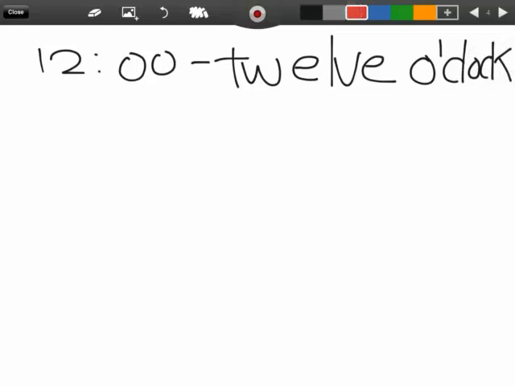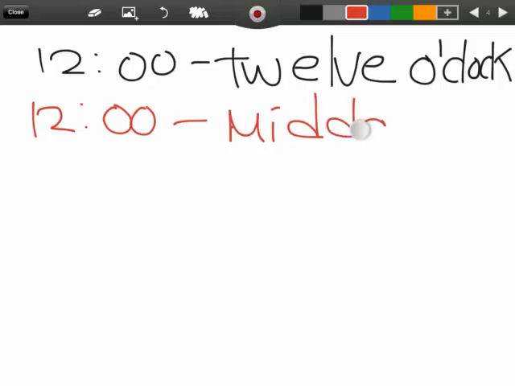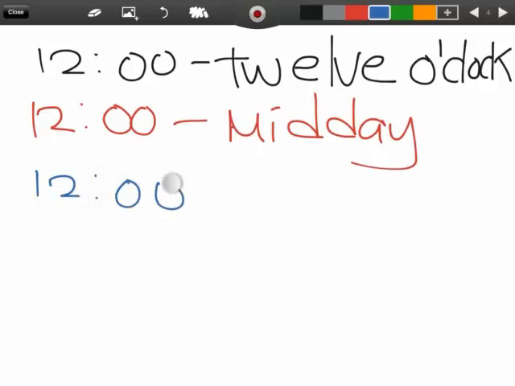For our other expression, I'm going to go ahead and write this by using different colors. We could say midday. For our third expression, it's still 12 o'clock, we could use noon, which is middle of the day, same as in midday.